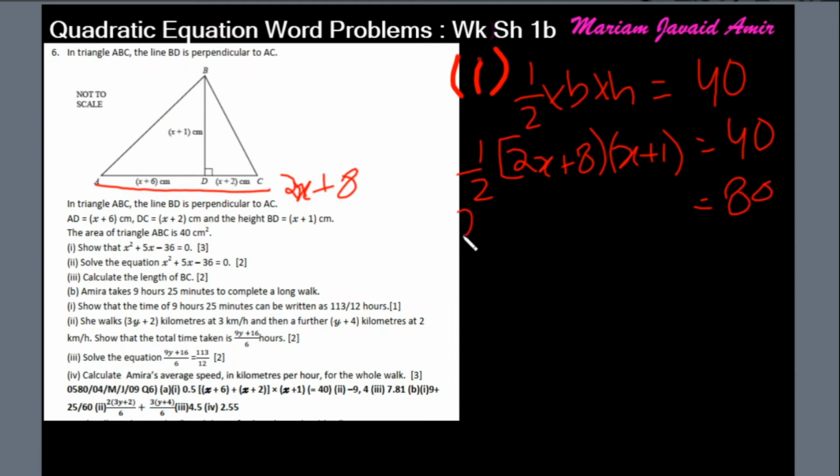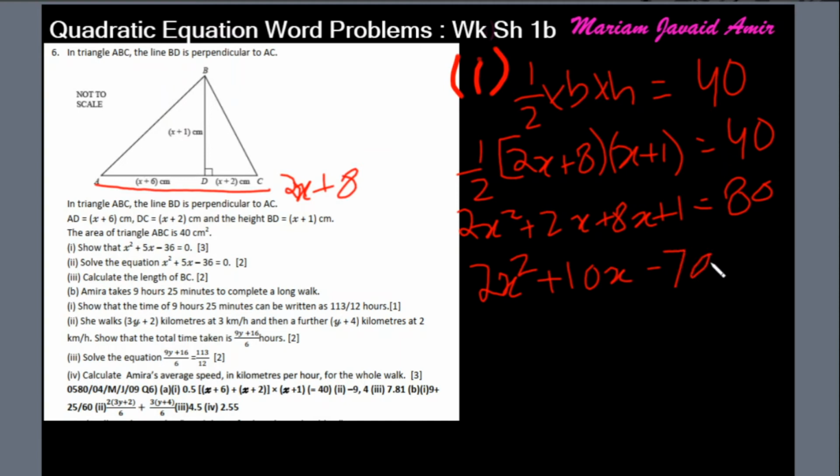Open the brackets, 2x square plus 2x plus 8x plus 8. Rearrange and we get 2x square plus 10x. Bring 80 to this side and we get minus 72 equals 0.